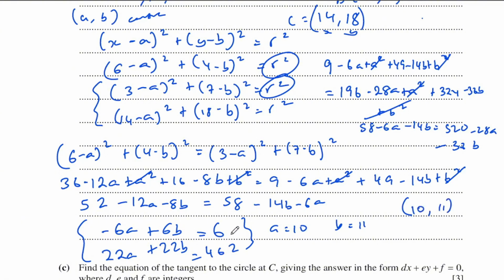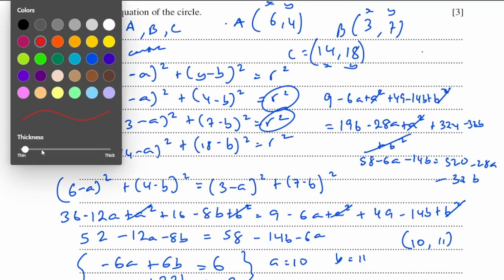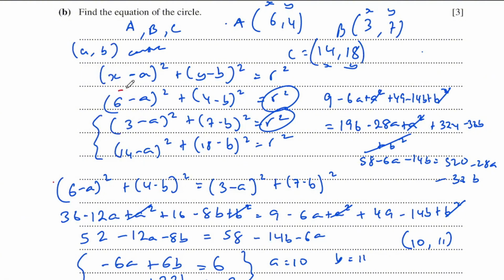Then from that we can find our r squared, right? So our radius we can find, so 6 minus 10 squared, which is just negative 4 squared, plus 4 minus b squared. So b in this case was 11. So 4 minus 11 is negative 7.